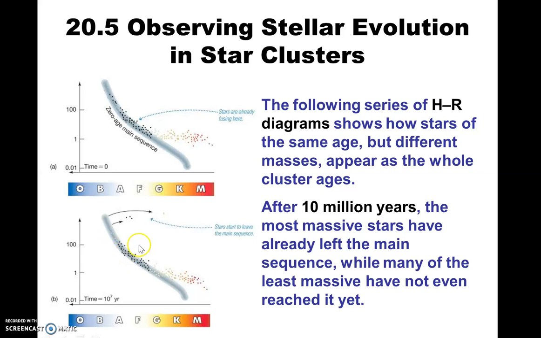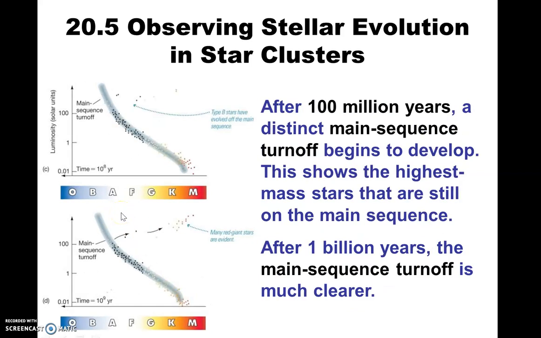Right, so if these stars right here started to peel off the main sequence, if the turnoff point was right here, that would be a much older cluster. If the turnoff point is way up here, that's a younger cluster. All right, they're just showing you the same thing.